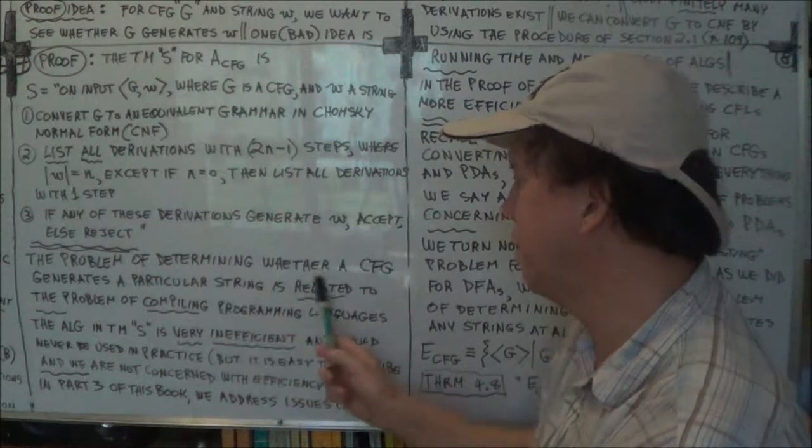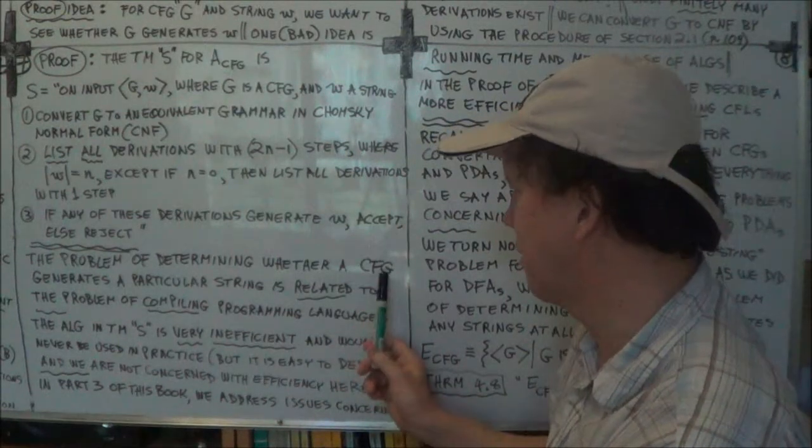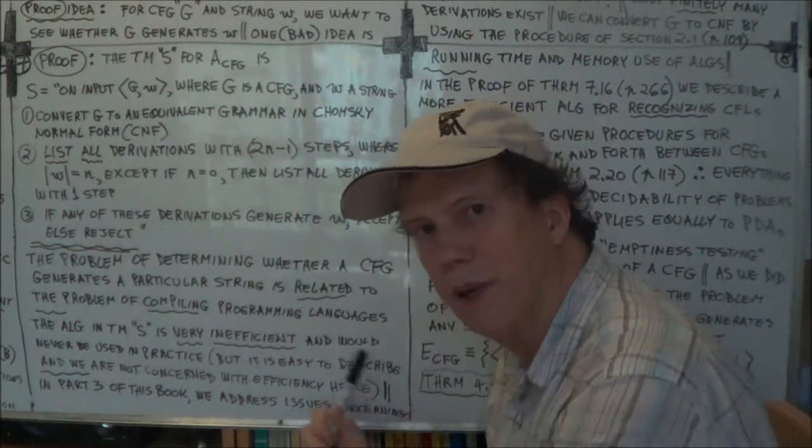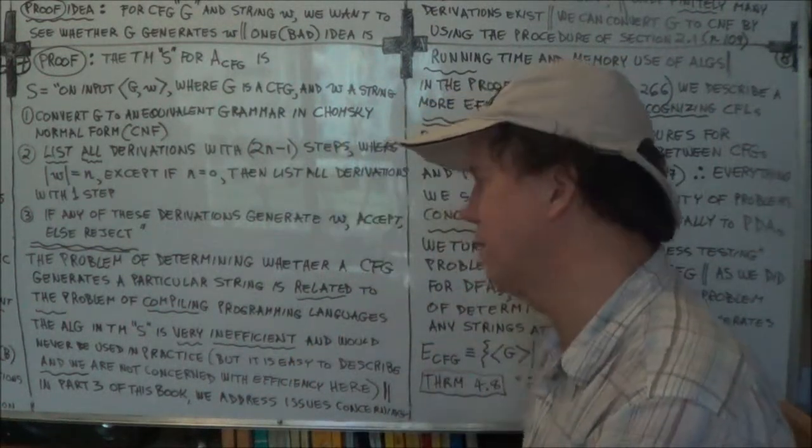So determining whether a grammar generates a particular string is very relevant when you're compiling, for compiler generators and so forth.